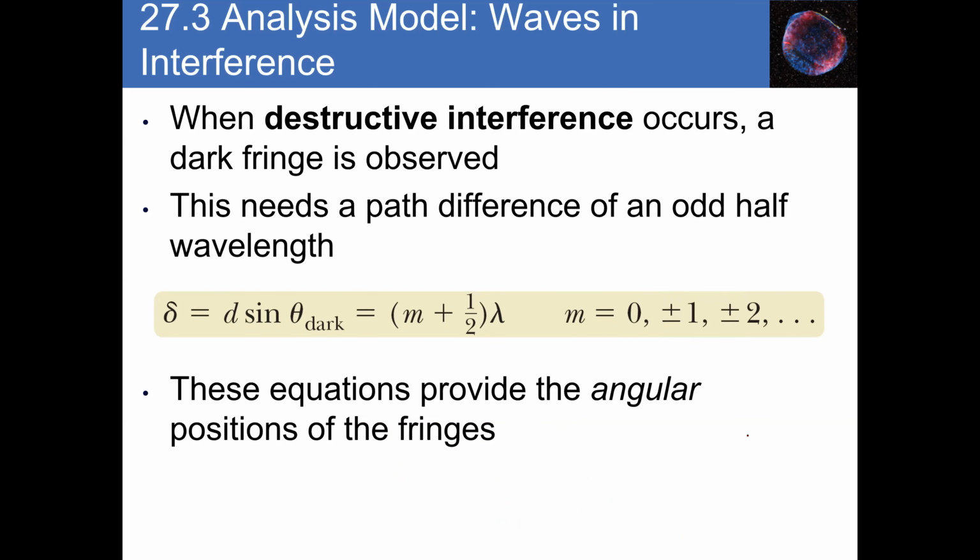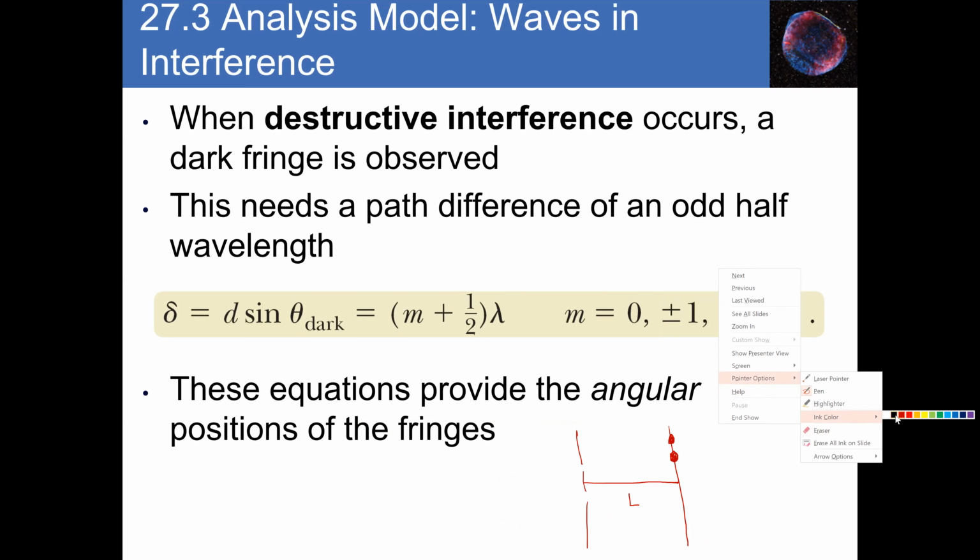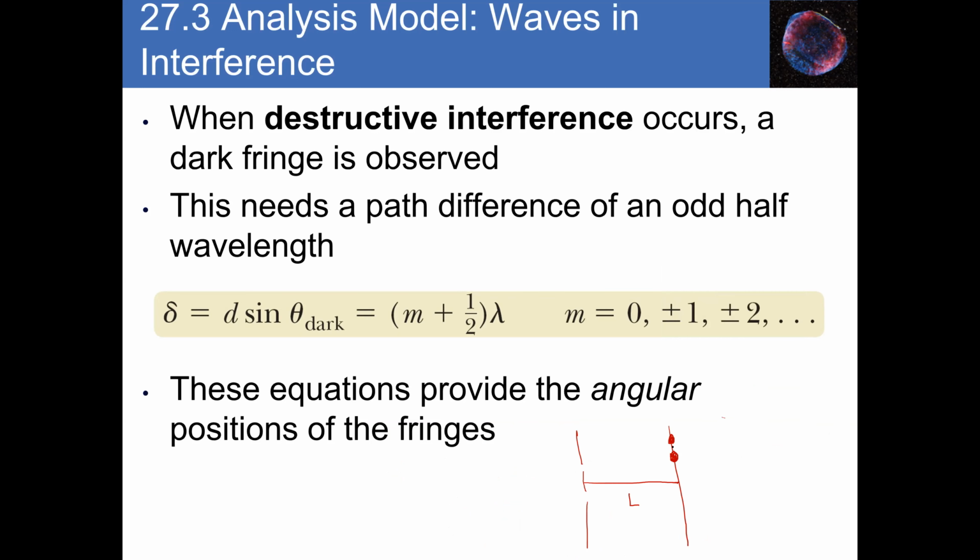All right. So these equations provide the angular position of the fringe. That means we are looking at, let's say, here are those slits, here's the screen, some distance L above, and let's say here we get a bright fringe, but I also get a dark fringe. So let's say here there's a dark fringe.